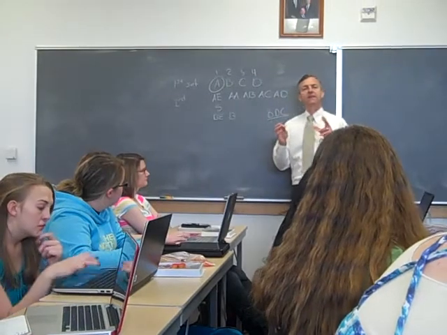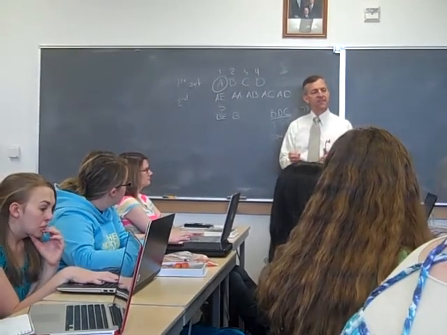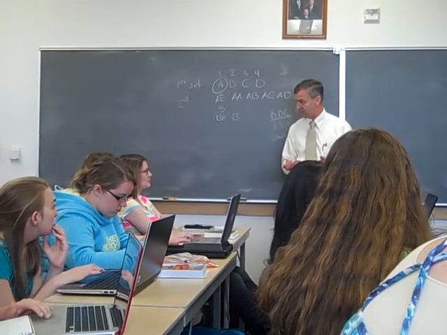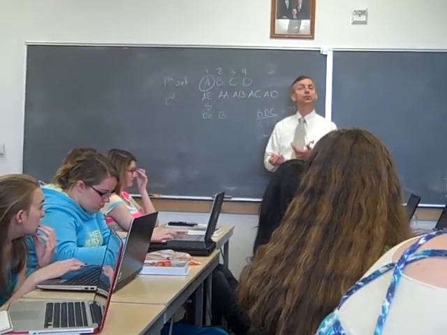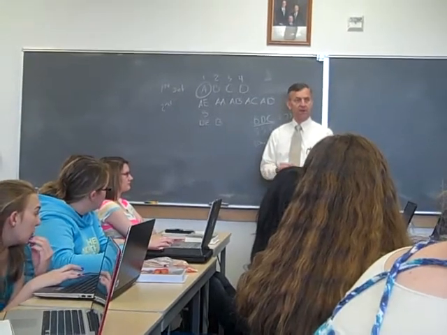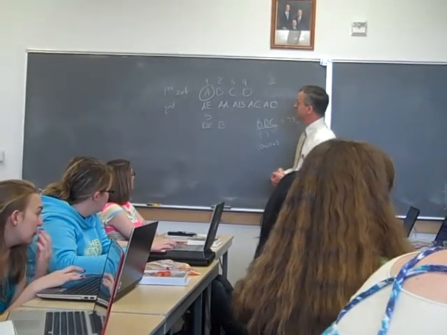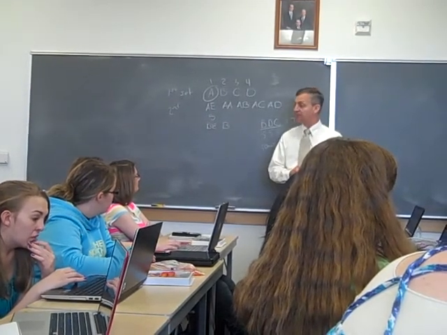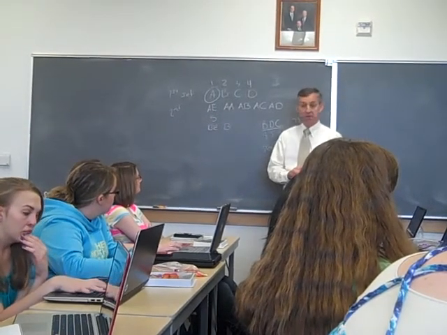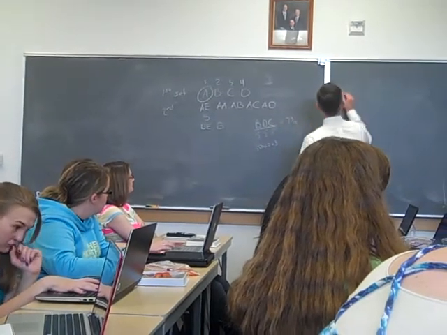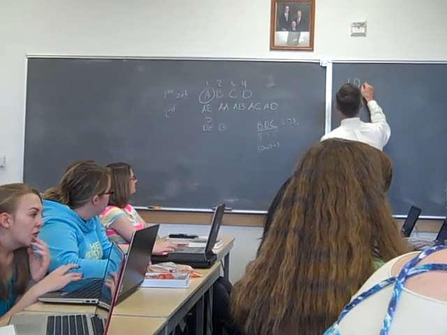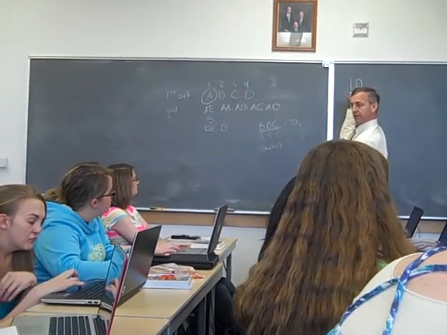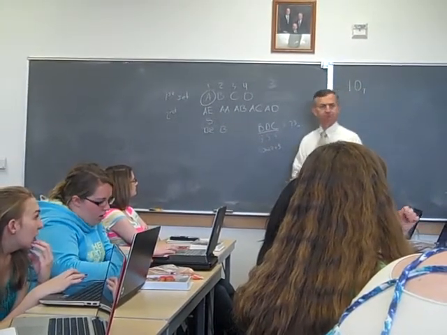In base 9, there is no such thing as a digit 10 as a single digit, right? We have to make 2 digits. Okay? In base 7, there's no such thing as a 7 as a single digit. In base 7, 7 is written 1, 0. That means there's one group of 7 with 0 ones.